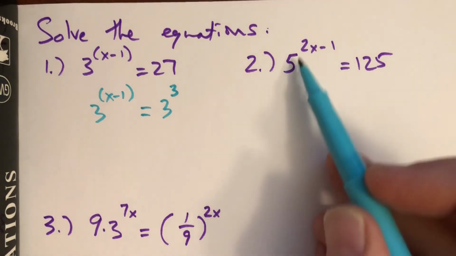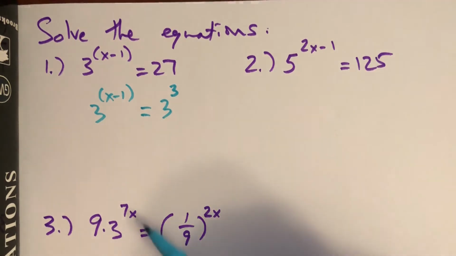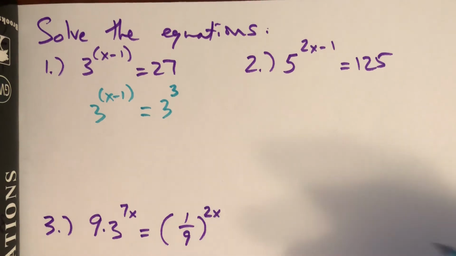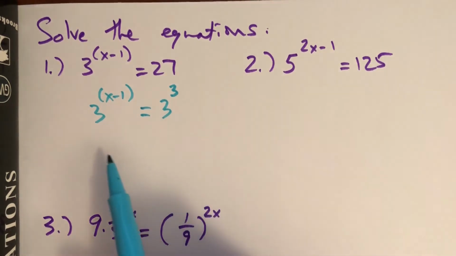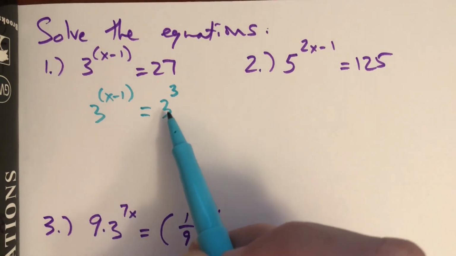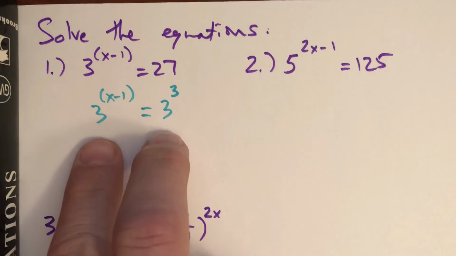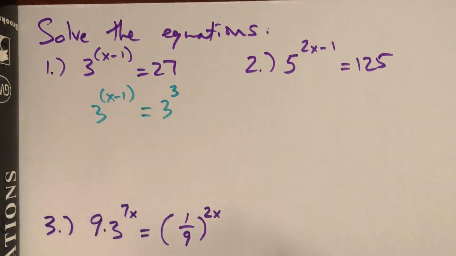This one we'd probably look at the 5, and we want to write it with a power of 5. This one down here, we're probably going to want to write everything with 3s, but we can address this one first. We have 3 to the x minus 1 power is equal to 3 to the third power.